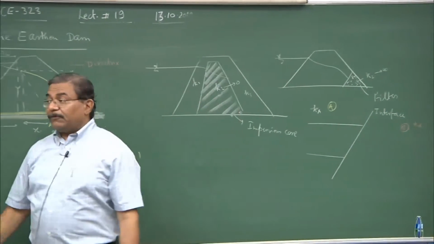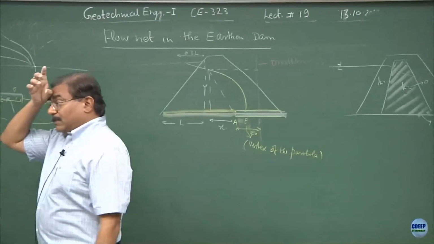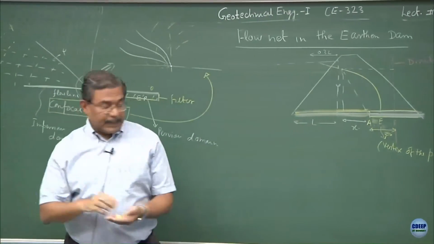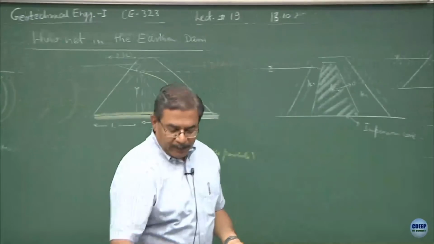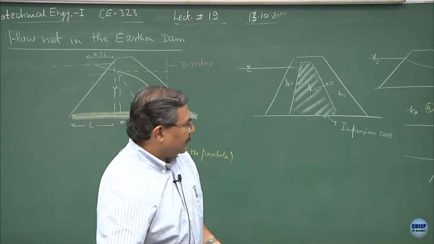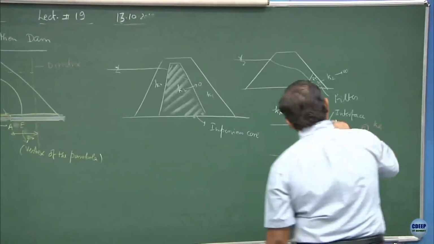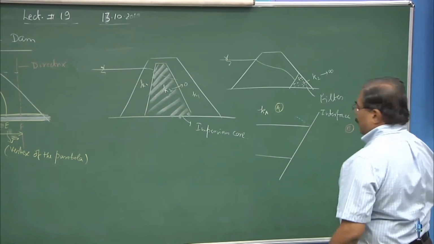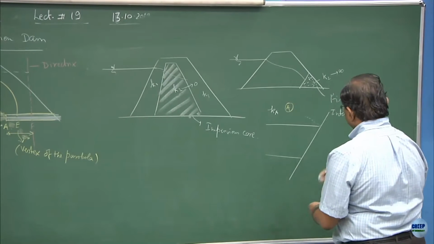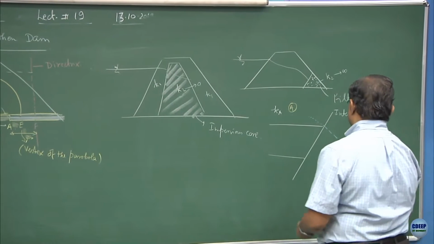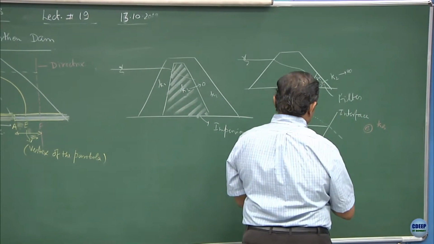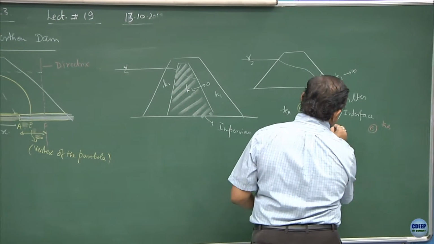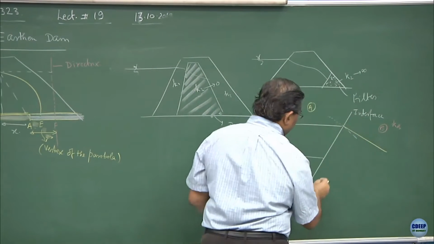Now, the question is you have to find out what is going to happen to these flow lines when the interface is there. So, draw the perpendicular to these interfaces, and then clear.